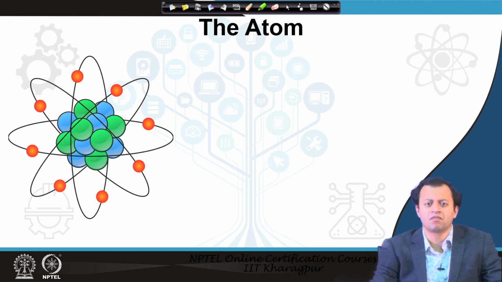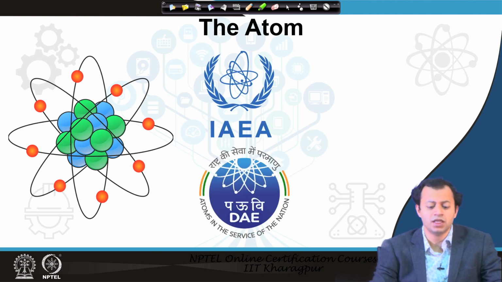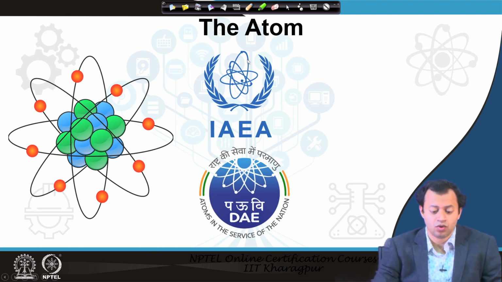Anybody who thinks of an atom, this is the image that usually pops up in their mind, and you have seen this image being represented by very prestigious agencies. For example, the International Atomic Energy Agency, which is part of the United Nations, also does this train-track-like thing where you have the nucleus and the electrons are moving around.